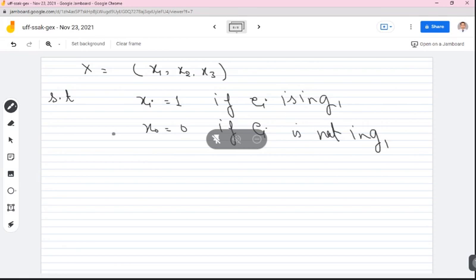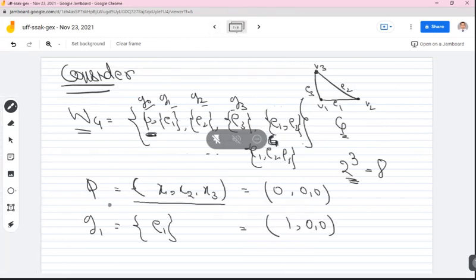Okay, so in this case you can see x1, x2, x3. Basically it is a null graph and no edges lie in this graph, so I will write here 0, 0, 0.